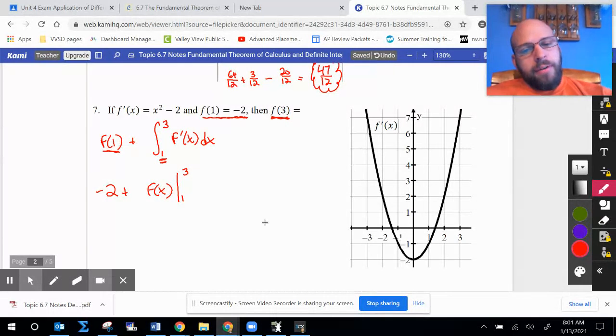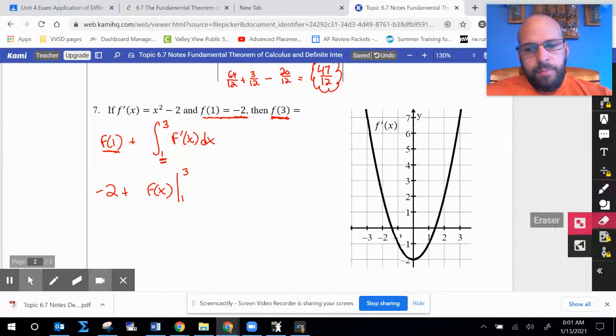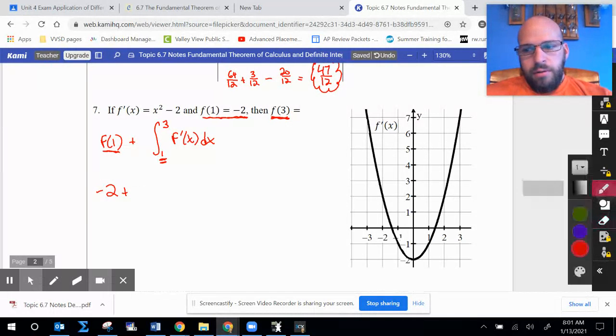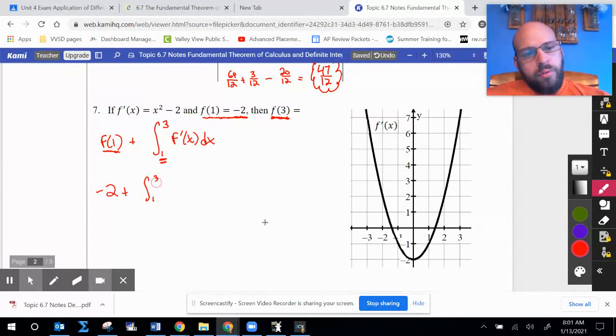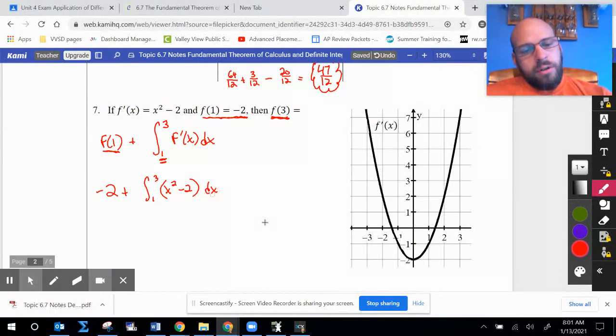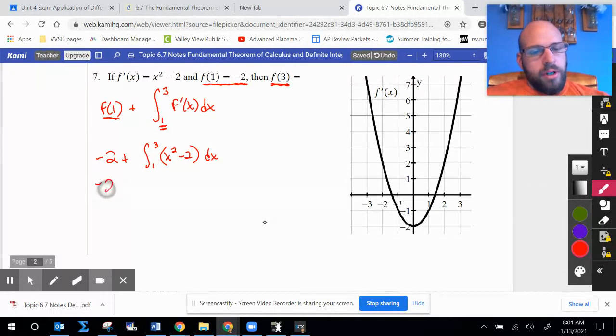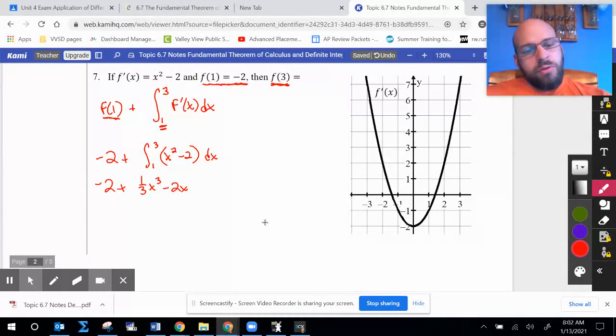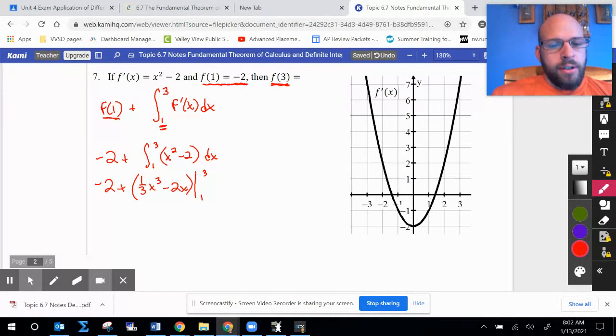So if f prime of x, let me go back a step here, from 1 to 3, we know f prime was x squared minus 2 dx. So I want to do a -2 plus. Now the antiderivative would be 1/3 x cubed minus 2x from 1 to 3. And we're only evaluating that for the integral, not the -2 that's out front.